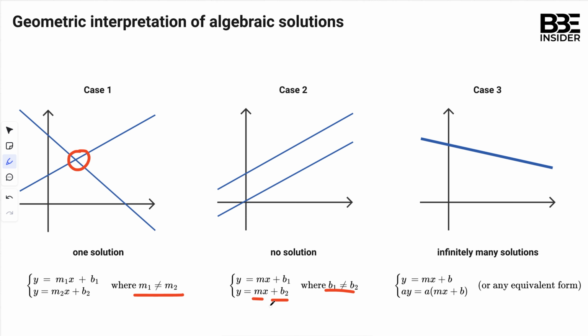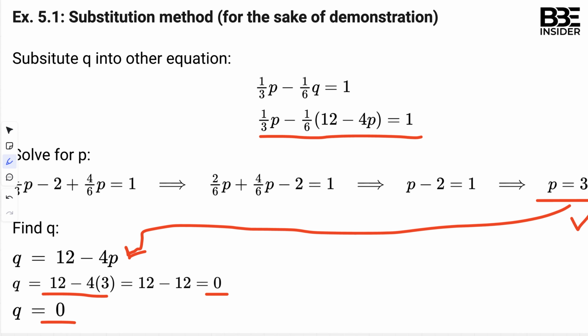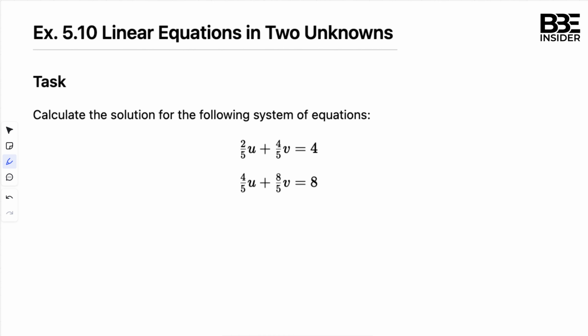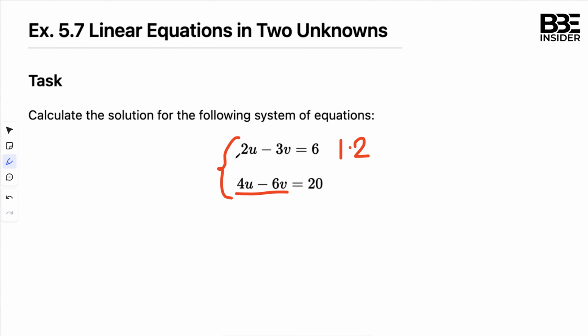We have two parallel lines which will never intersect because they have the same slope but a different y-intercept. And therefore we can conclude that this particular system of equations has no solution.